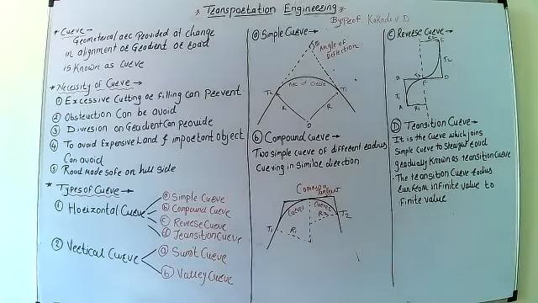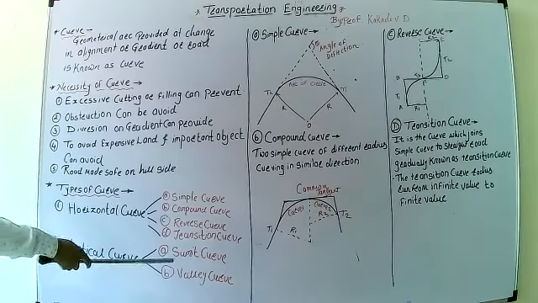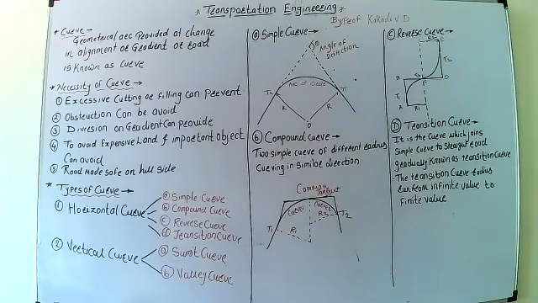On the basis of the requirement or the particular situation and problem that arises, we provide the type of curve accordingly. In the vertical curve, when we are considering a change in gradient or alignment in the vertical plane, there are two types: summit curve and valley curve.